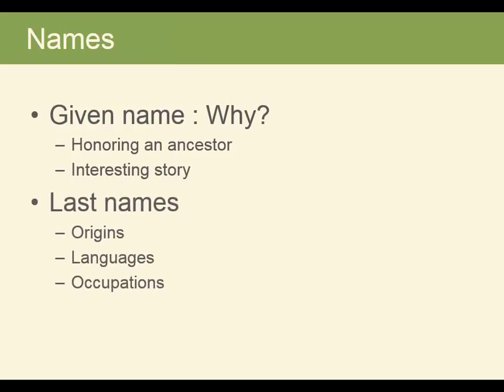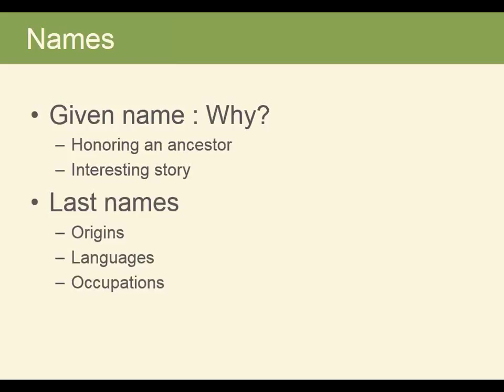And if we're talking about last names, those are very important. Last names can tell you a lot about yourself and your family. It can tell you the origins of your family. In my case, Horowitz is a family that originated near Prague, in what was then Czechoslovakia, today Czechia. It will tell you the languages.